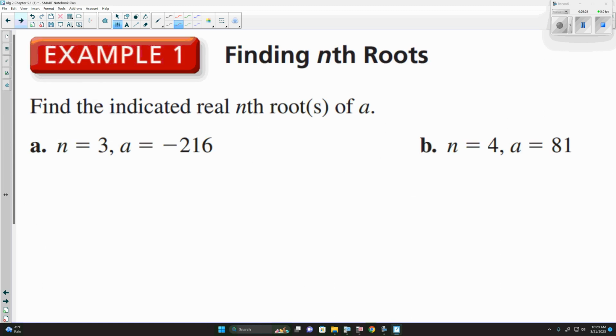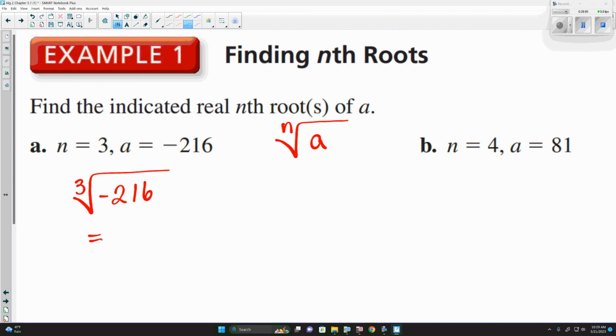So let's look at these here. Find the indicated real nth roots of a. Our first one here, we can set this up. Our nth root is 3 and the value of a is negative 216.